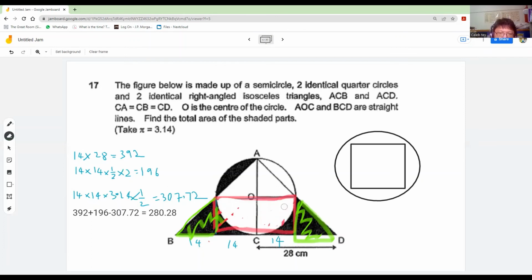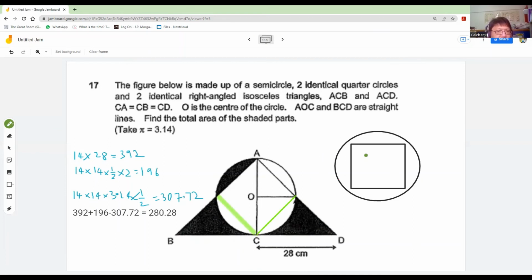That's where we end up with 280.28. Now the last portion is to find that pizza crust. For the pizza crust, you need to take the square, and you need to take a circle, or quarter circle to be exact.